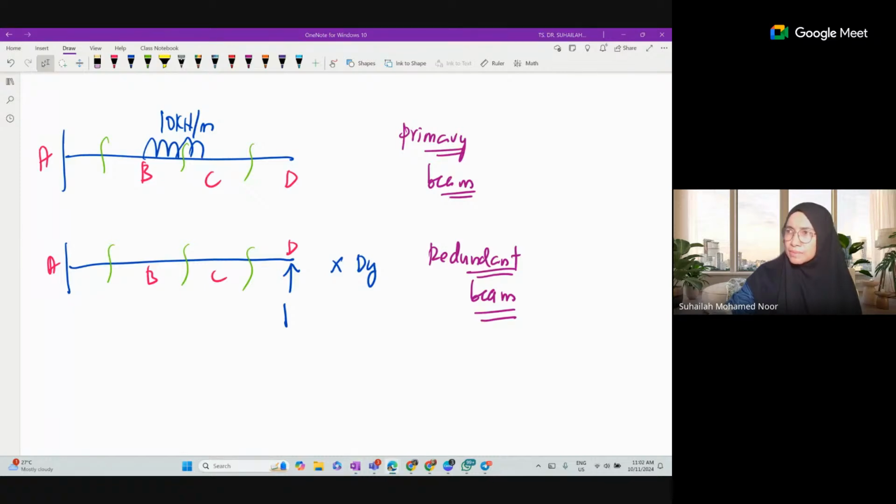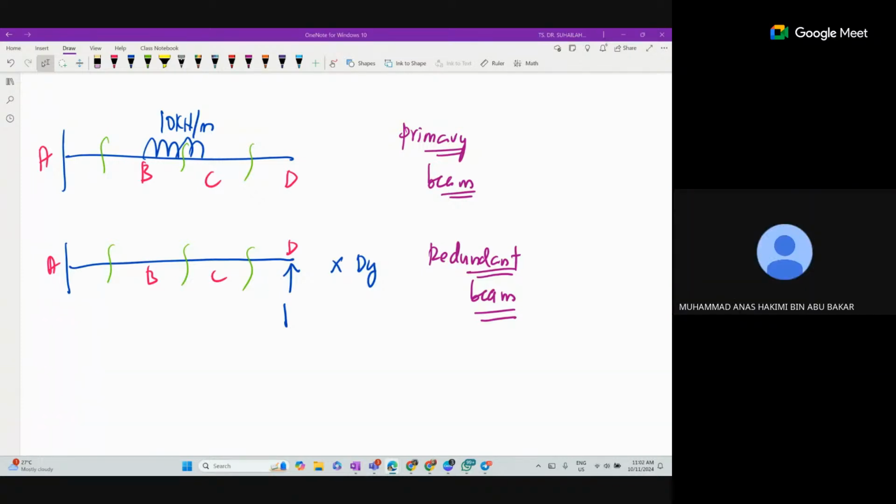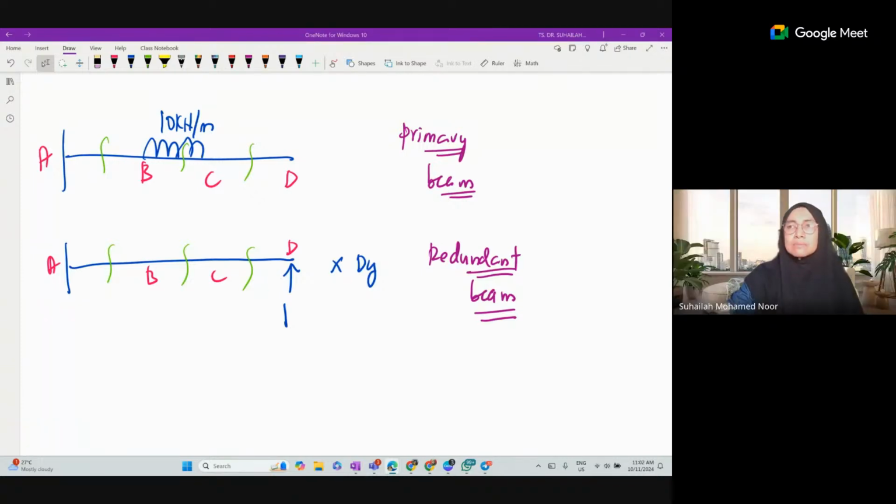And another one? Virtual system. It is not 100% similar, it is just like. Okay, because the characteristic of primary beam, it is a cantilever beam subjected to all external loading.